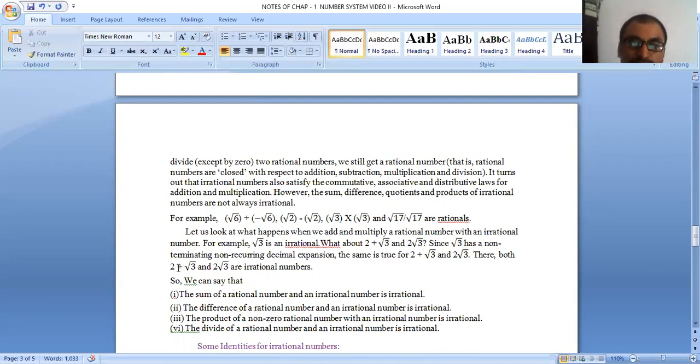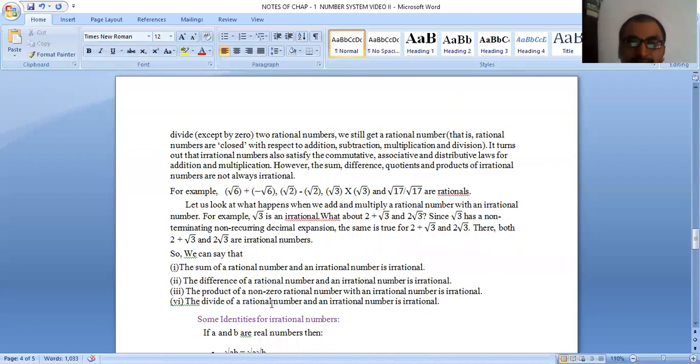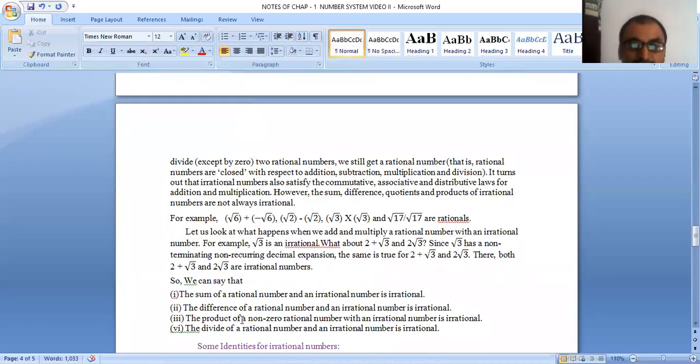Suppose that 2 is a rational number and root 3 is an irrational number. The sum of these is irrational. Now 2 minus root 3 is an irrational number.